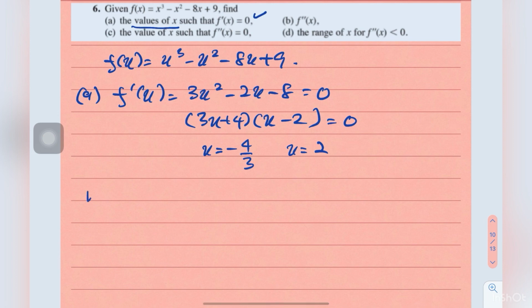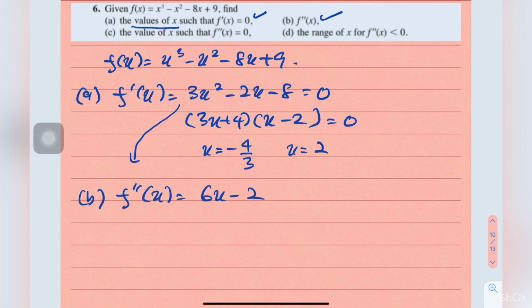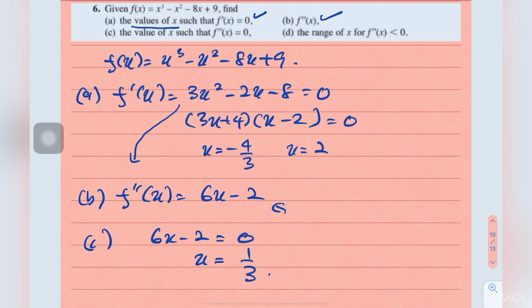Part B, find f double prime x. From here, you differentiate, find the second derivative, you get 6x minus 2. Done. Part C, find the value of x such that f double prime x equals 0. So 6x minus 2 equals 0, so x equals 1 over 3.